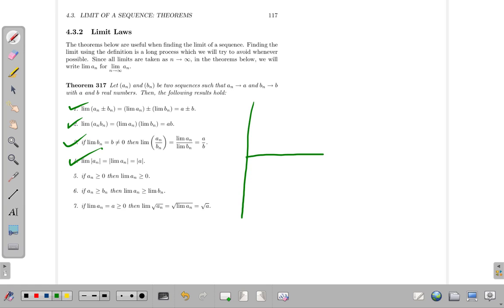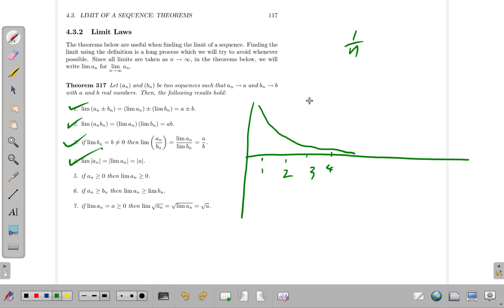If you look at the graph of 1 over n, the curve would get closer and closer to 0 as n goes from 1 to 2 to 3 to 4 and so on, but will never cross it. The limit must be greater than or equal to 0. In other words, the limit will not become negative. The only way you can have a negative here is if the curve crosses 0 and goes into the negative region, which will never happen.